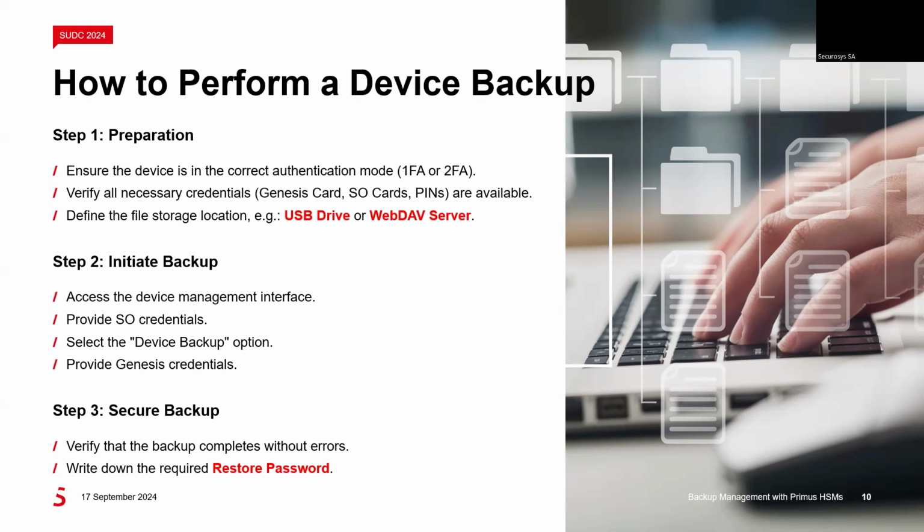If everything goes well without errors, we'll be presented with the restore password, which you either need to write down or you can make a photocopy of it. If in doubt whether you have read the password correctly, there's a verification function on the HSMs that allows you to verify the backup against the password that you wrote down, to make sure you wrote it down correctly.